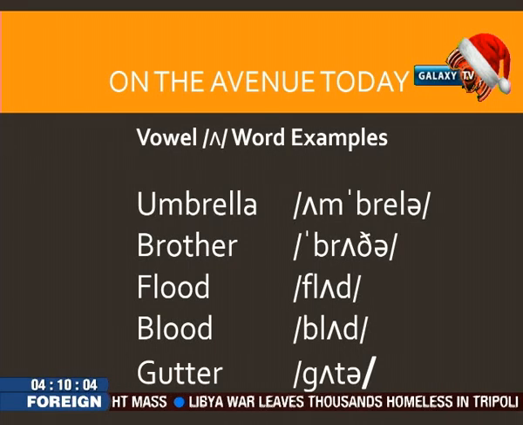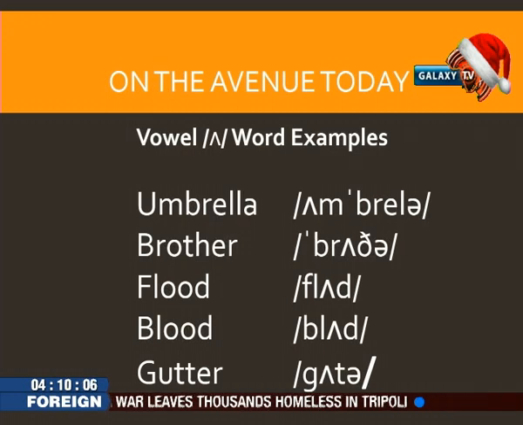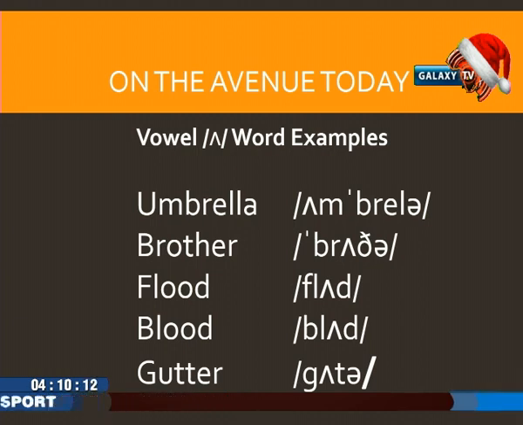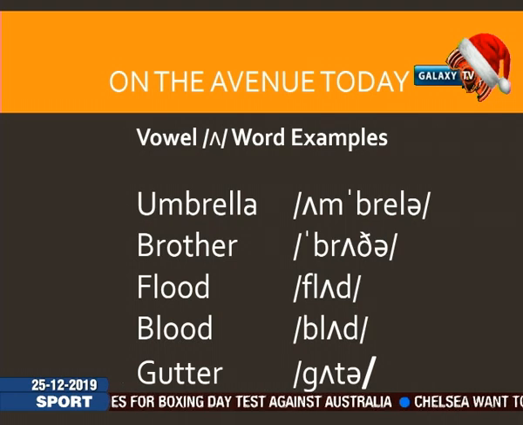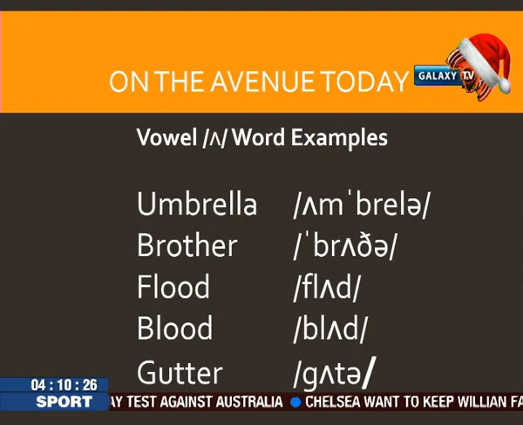Umbrella. Well, you often hear people say it with the stress on the first syllable, but no. I want you to take note of where the loud part of that word is. It's not in the first syllable, it's in the second. So that's how you pronounce that word. The next word we have there is brother.